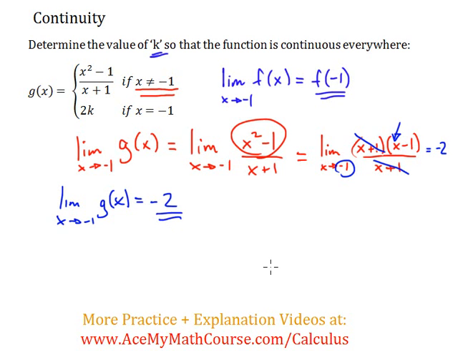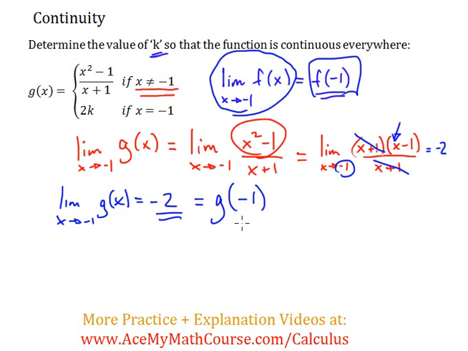Great. Now, it must be that the limit is equal to, well, in this case, I said f of -1, but we need to make that equal to g of -1. So g of -1 must be equal to -2. And we know that for the function g of x, when x is equal to -1, we got 2k.